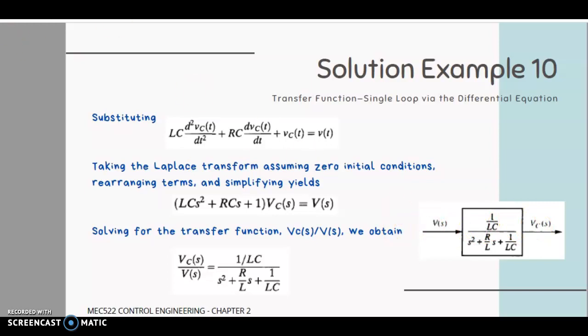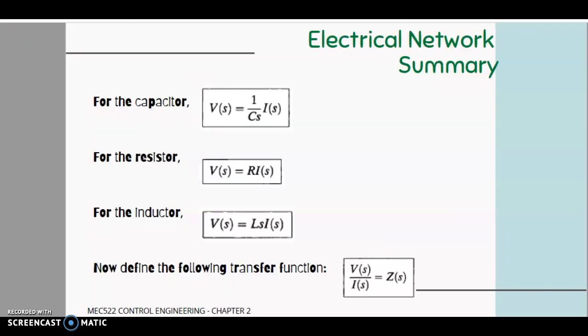Summary for the electrical network: you have capacitor, resistor, and inductor, and the relationship between voltage and current. For the capacitor, V(s) equals 1/(Cs) multiplied by I(s). For the resistor, V(s) equals R multiplied by I(s).